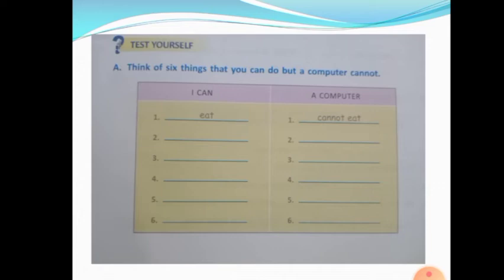The first one they have given is eat. We can eat, but the computer cannot eat. The second one, brush. Very good. We can brush, but the computer cannot brush.